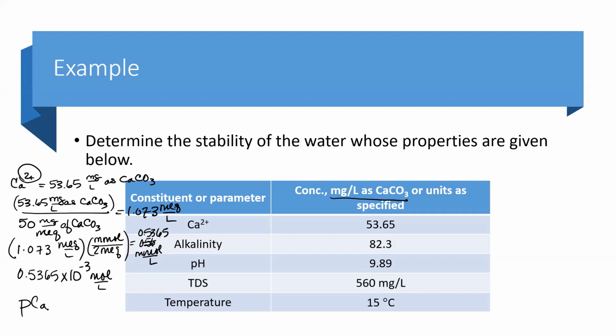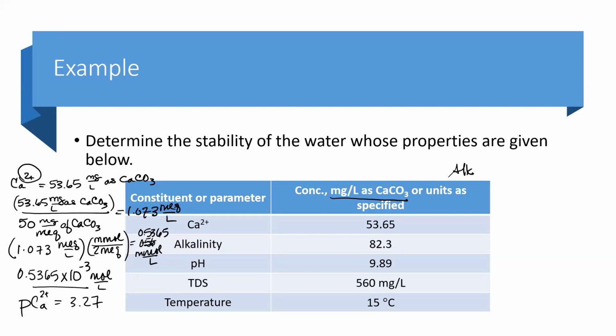So therefore, what is referred to as pCa2+, or p-calcium, the negative log of this concentration, is equal to 3.27.